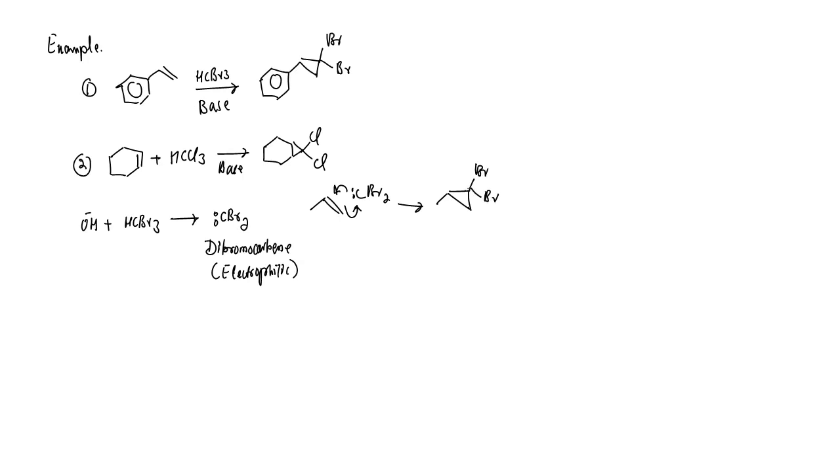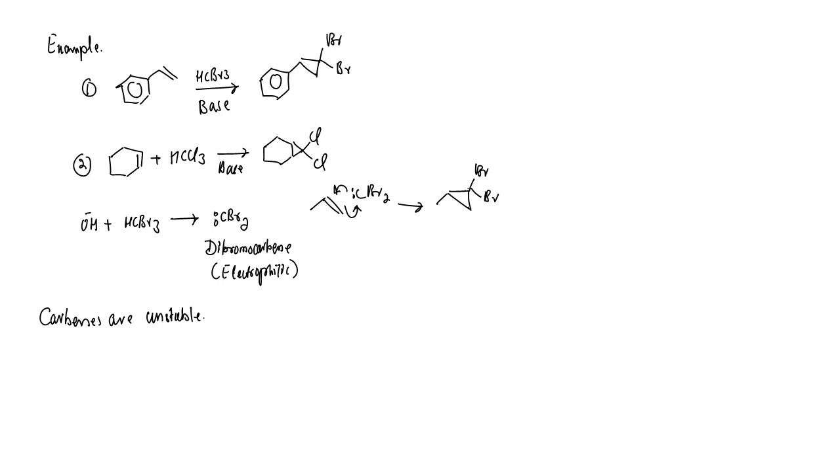So in both examples, the carbene is formed as a reactive intermediate and then reacts with a double bond. Usually carbenes are unstable, they cannot be purified, so they are usually made during the course of a chemical reaction when they are needed. For example, if we try to isolate them, they will automatically react with each other.